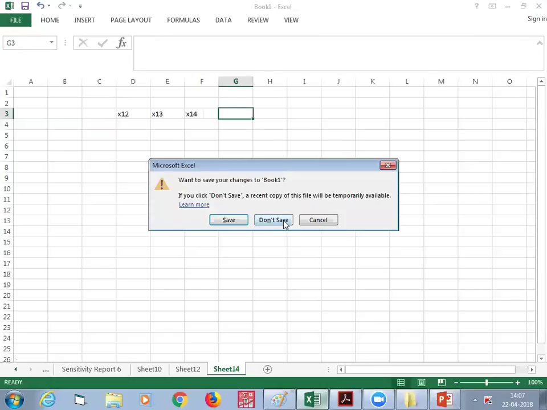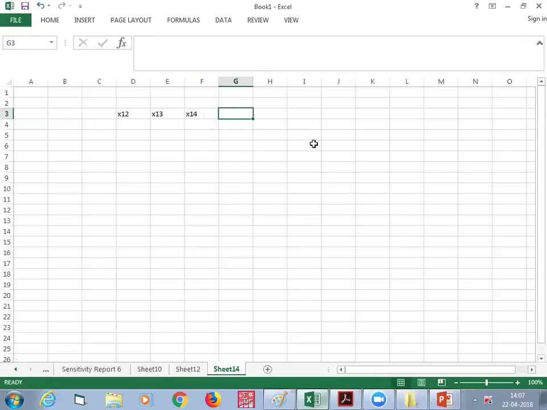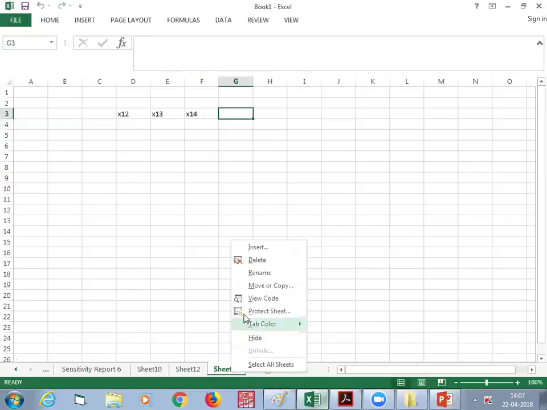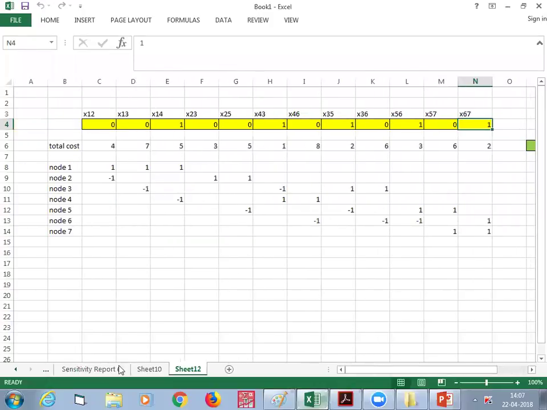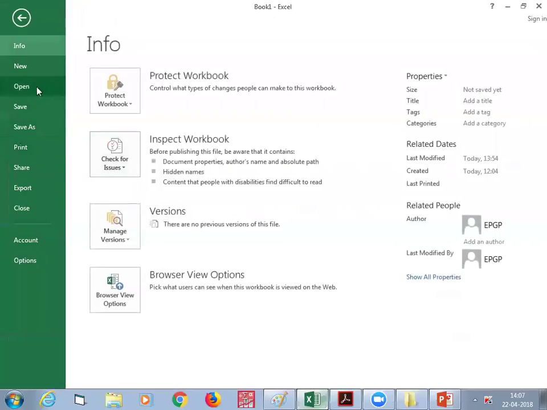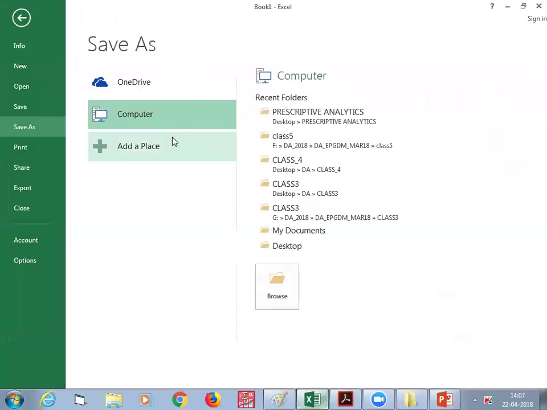All right. Oh, we have to save this. Let's delete this one. And this is network, transportation, assignment, and network. So save as, sorry? Yeah, I'll put it here.